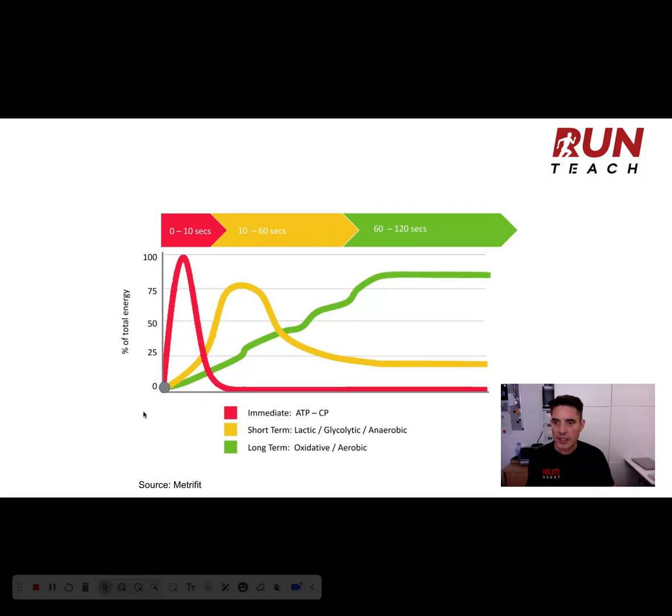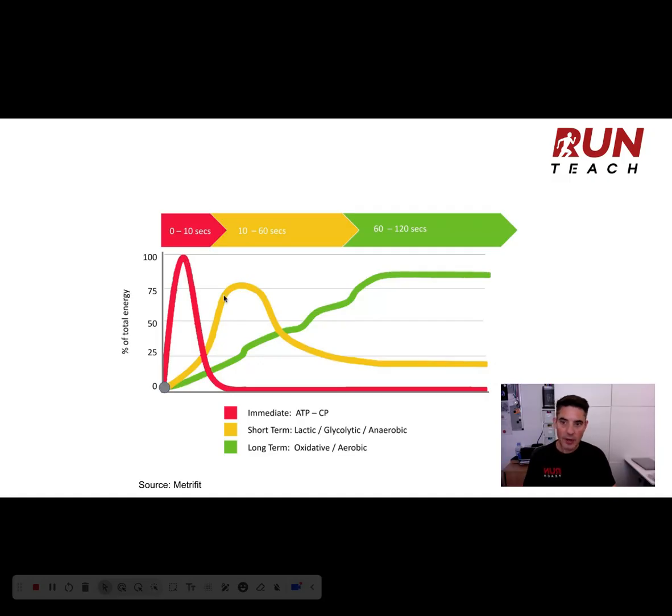So this shows it in terms of the total percentage of energy given to you when you are doing a hard effort. Let's just say you're doing a 5k parkrun or a 5k race, 10k race, and you go out way too hard at the beginning. This is what it's saying. The first 10 seconds is predominantly going to be in that phosphocreatine alactic system.